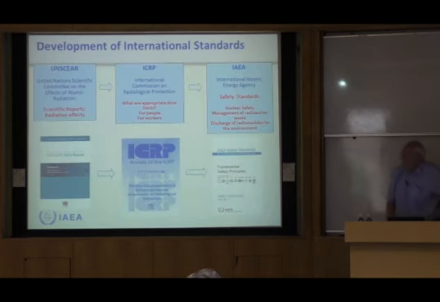These standards play a key role in the work of the IAEA. However, the IAEA does not develop these standards in isolation. This is embedded in a system with other international organizations.